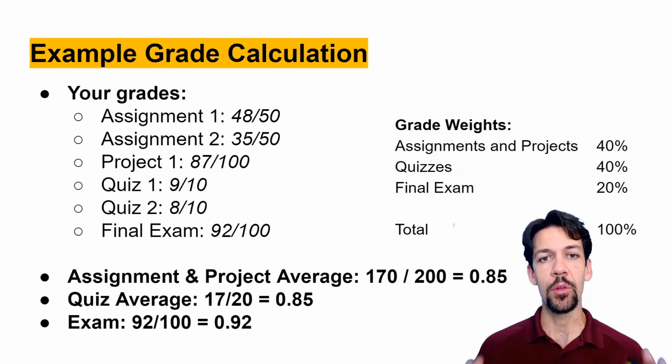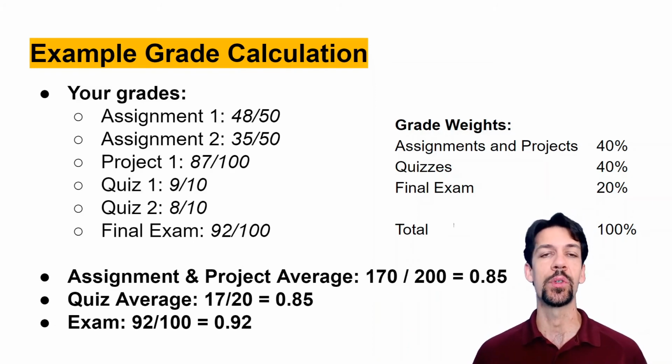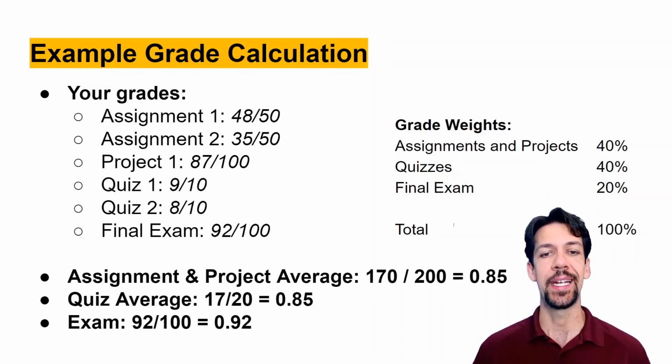So out of the total possible 200 points, we achieved 170 of those possible points, which gives us a 0.85 in that category. For the quizzes, there's 20 possible points, and we achieved 17 points in that, which also gave us a 0.85. And then the exam is all by itself, out of 100, is 0.92.